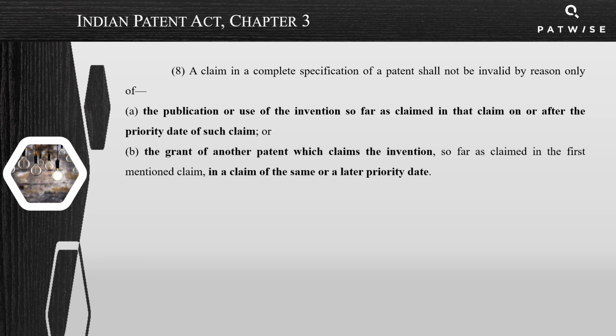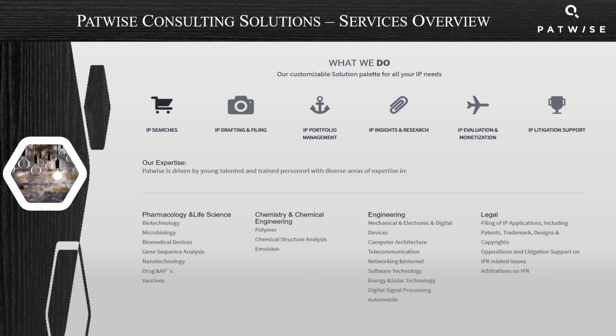Hence, this subsection talks about the importance of the priority date. The use of an invention or publication of an invention or a grant of another patent, all of which relate to the same or substantially same claims after the priority date, shall not affect the application of this particular patent.